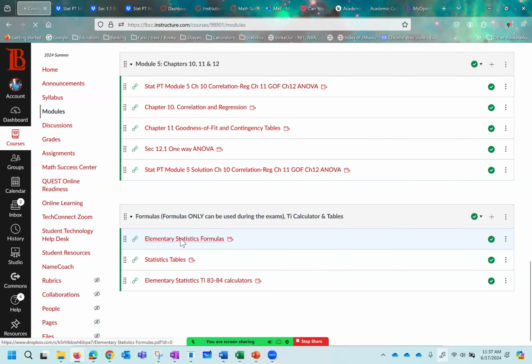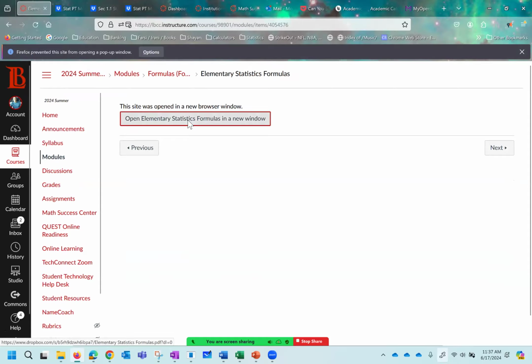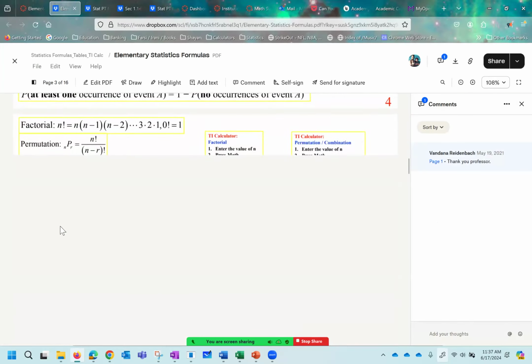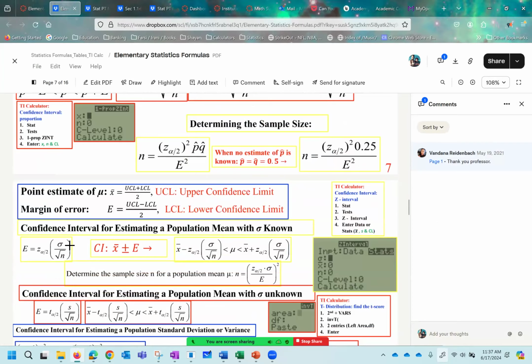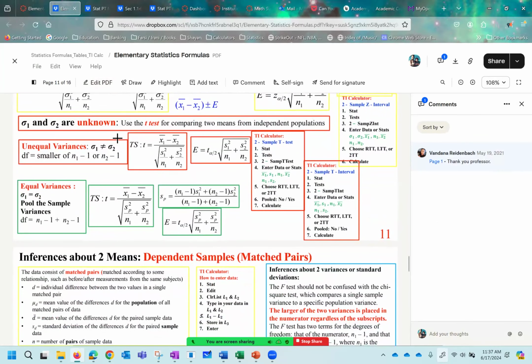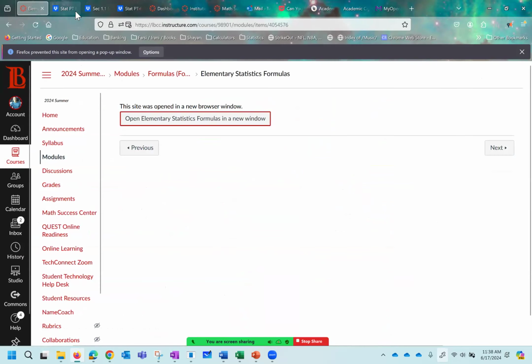So first it starts with formulas. The formulas are pretty involved when it comes to statistics, but they're all given to you, and you can use a formula sheet for the exam. You cannot use any examples, but you can use the formula sheet.